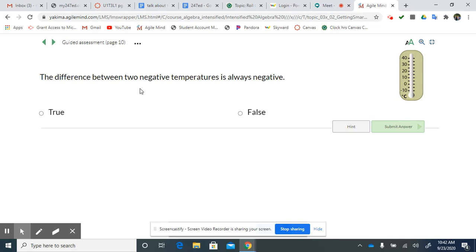The difference between two negative temperatures is always negative. All right, so anybody know what difference means? It means subtraction. Okay, so we're going to be subtracting two negative temperatures.